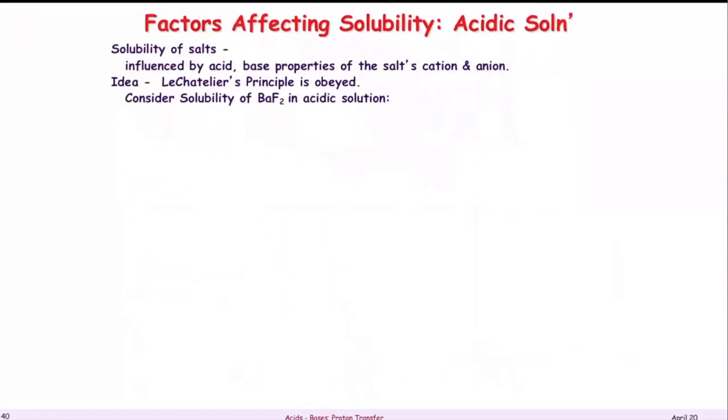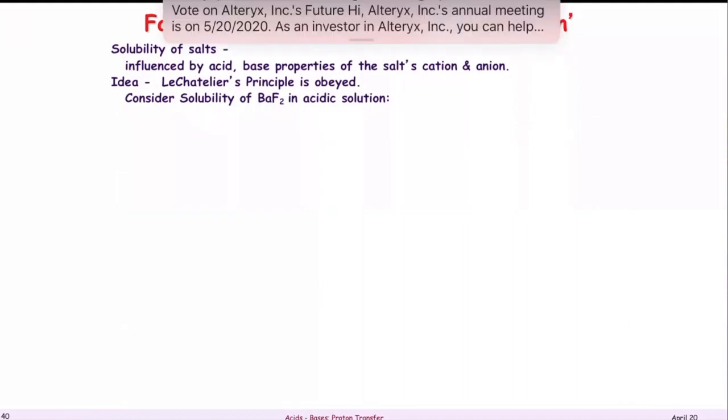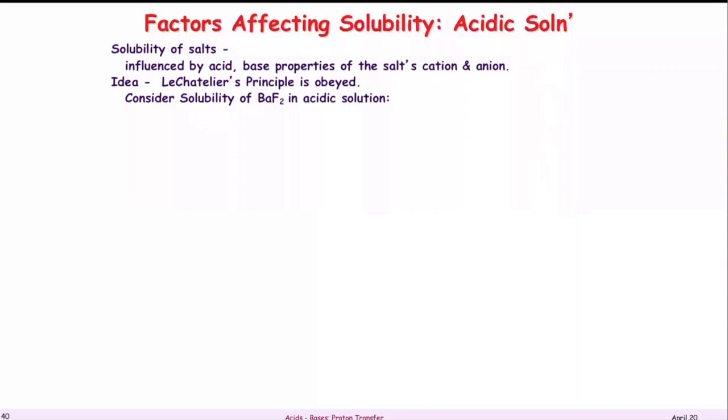And then we covered solubility of salts. Let me try and give you the background. If you put a salt, and it's not an ordinary salt, it's a salt that has acid-base properties. And we're going to be discussing this in more detail in the next discussion. For example, we have barium fluoride.